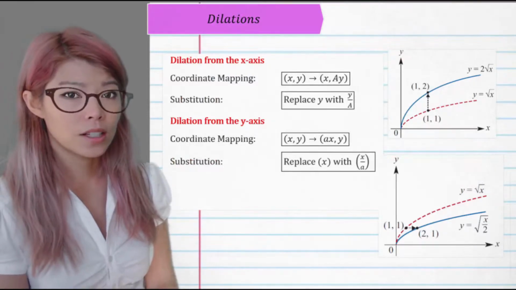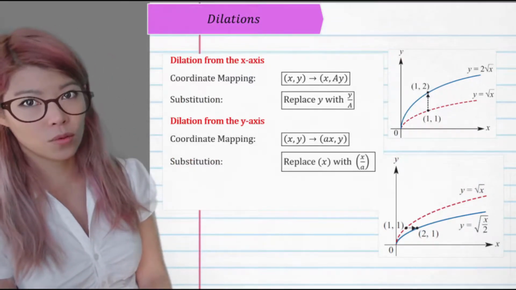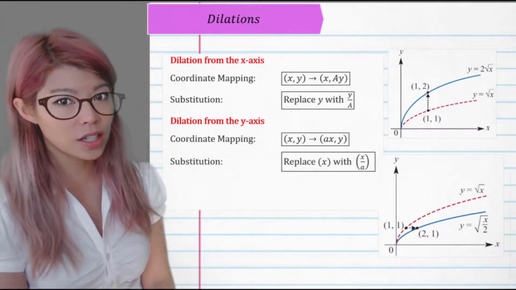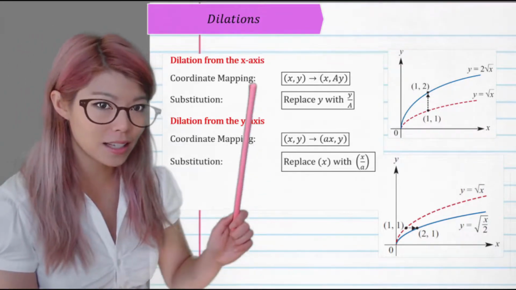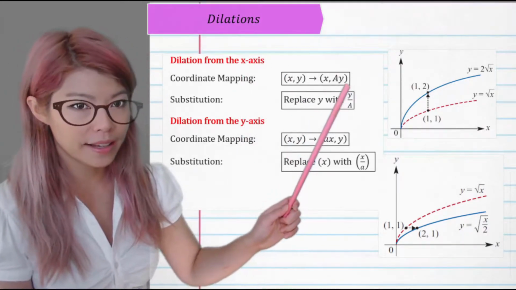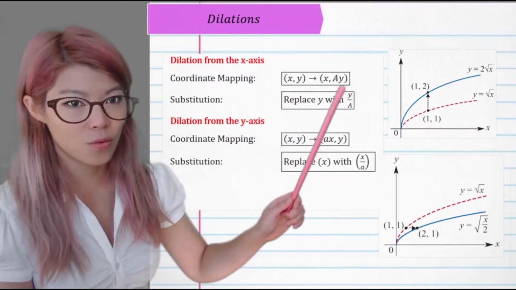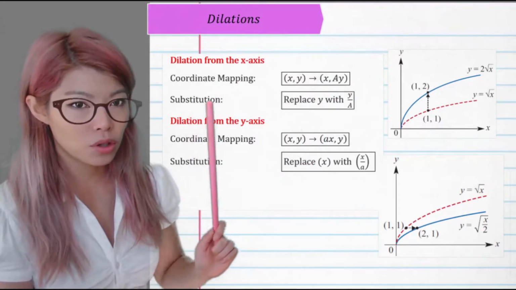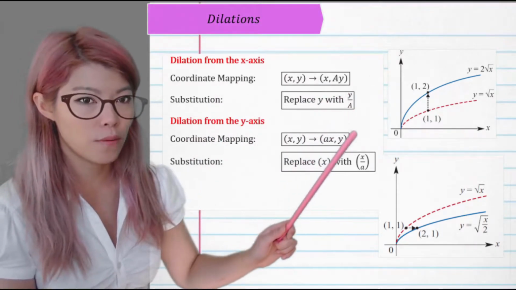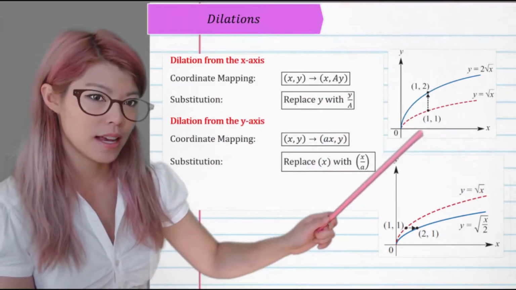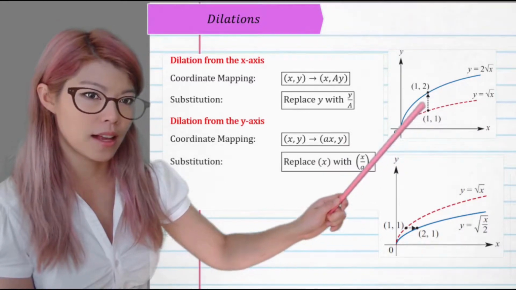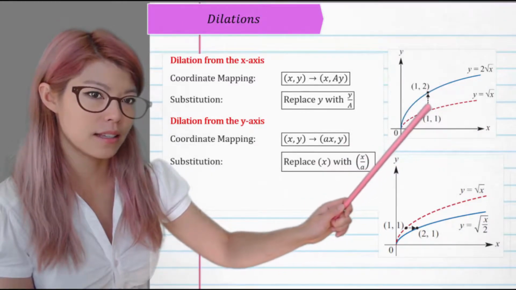Dilation. So with translation, if we translate x, we're changing x. But with dilation, if we're dilating from the x-axis, we're changing the y. So dilating from the x-axis, we have ay. And if we substitute, you substitute the y with the y over a straight away. We can see that. So see, dilating from the x-axis, away from the x-axis. See this arrow?